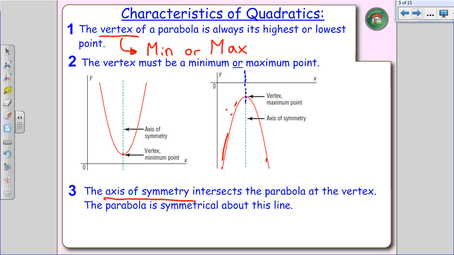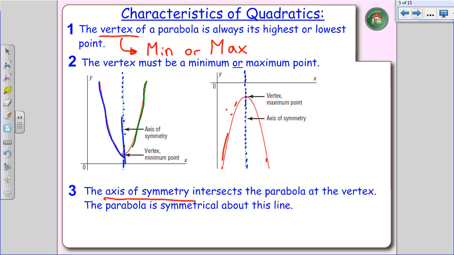And the reason that's your axis of symmetry is that if you took half of the parabola on either side and you folded it over the axis of symmetry, you made a mirror image of it, you would get the other side of the parabola. So if you took this blue side of the parabola and you folded it over, you would get exactly that green side.